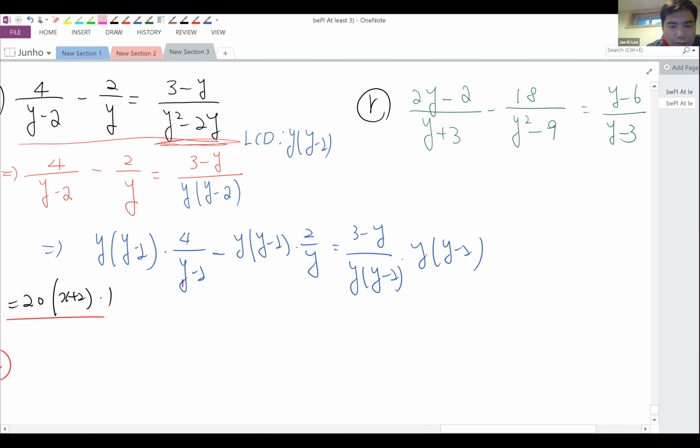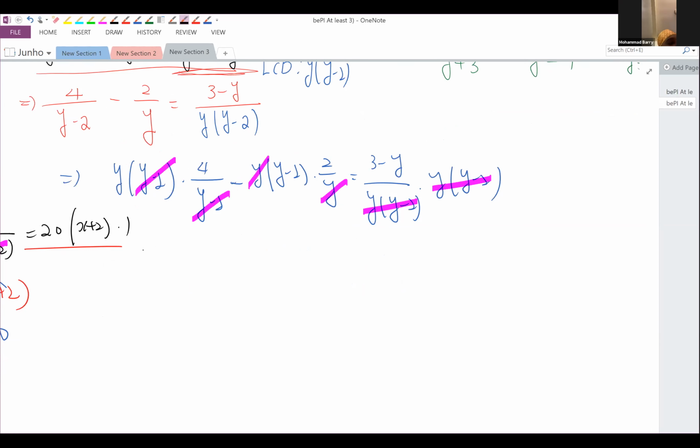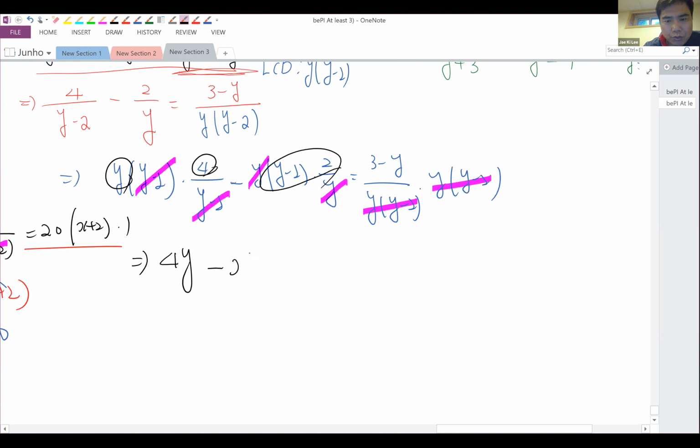So we cancel all the common terms between numerator and denominator. Then it becomes 4y minus 2 times (y minus 2) equal to 3 minus y. Okay. Now you distribute.